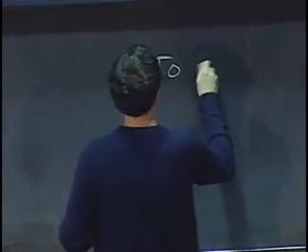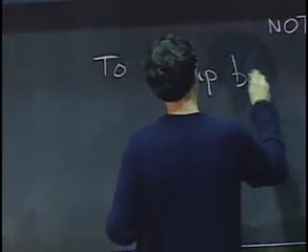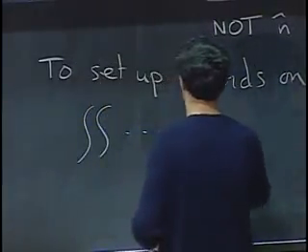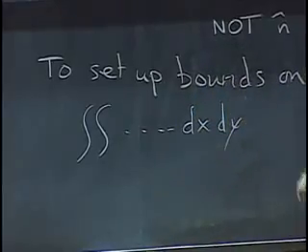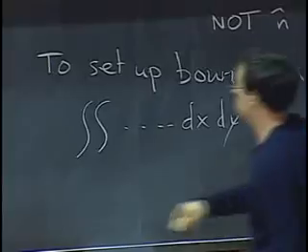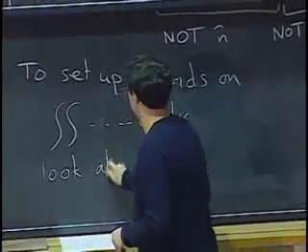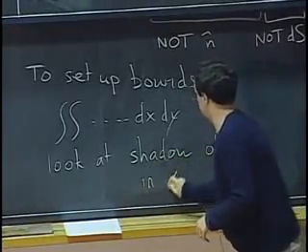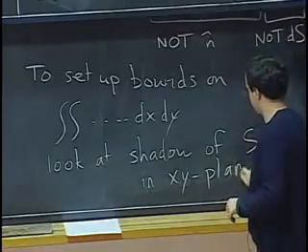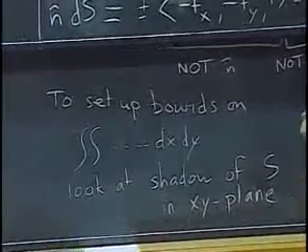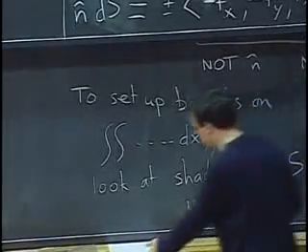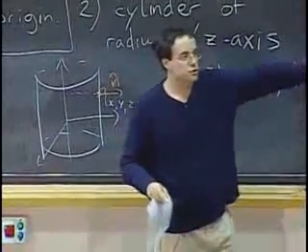So to set up bounds on whatever you will get, dx dy, or of course you can switch to dy dx or anything you like, you will need to look at the shadow of S in the xy plane. But only do that after you've gotten rid of all the z. When you no longer have z, then you can figure out the bounds for x and y. Okay. Any questions about that? Yes?